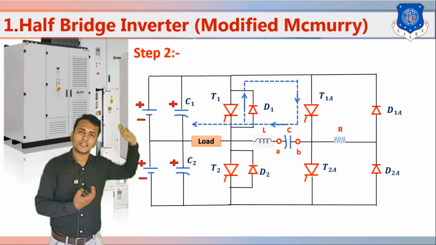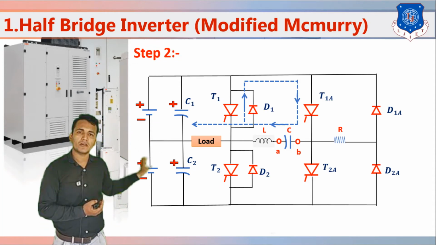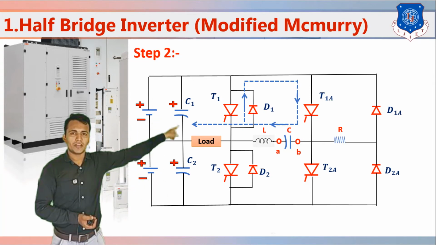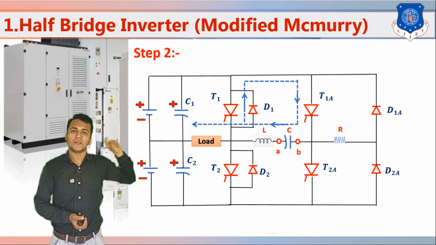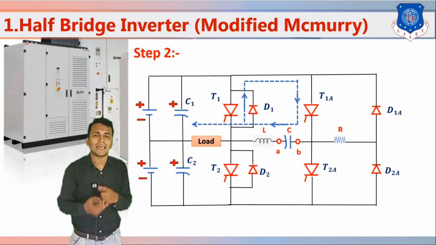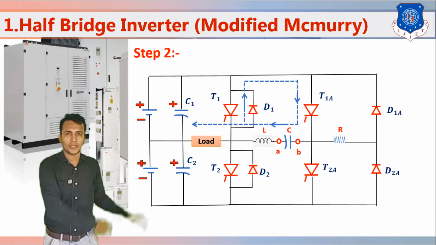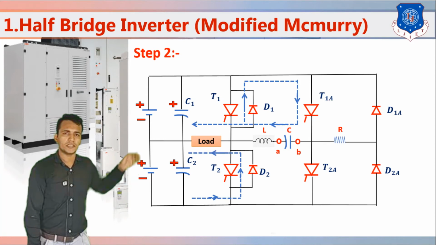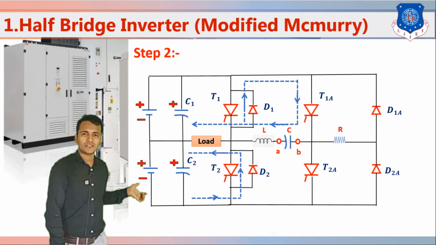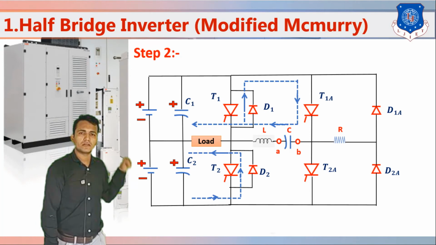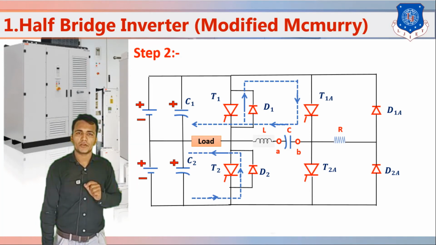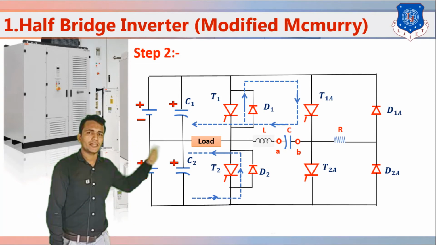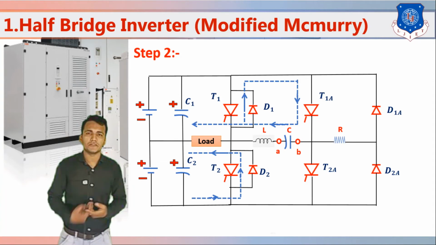Thyristor T1 will be off, and here T2A will also be off, and the thyristor T1A and the diode D1 will be on. So the current direction in this step 2 will be in this manner. And in the downward side, the current is also in this way. Capacitor C2 will provide this current direction through the diode D2. So there are two current directions in step 2 of the half bridge inverter.